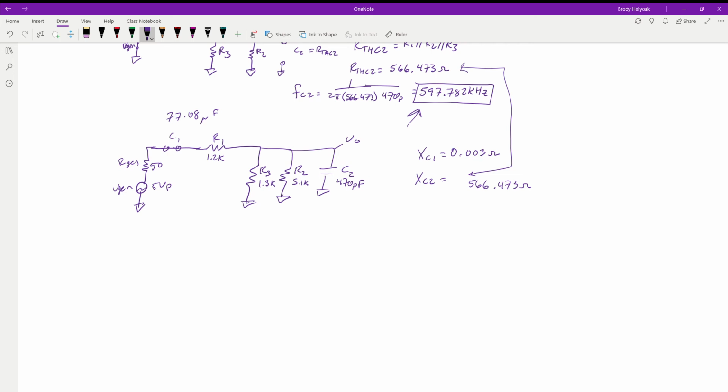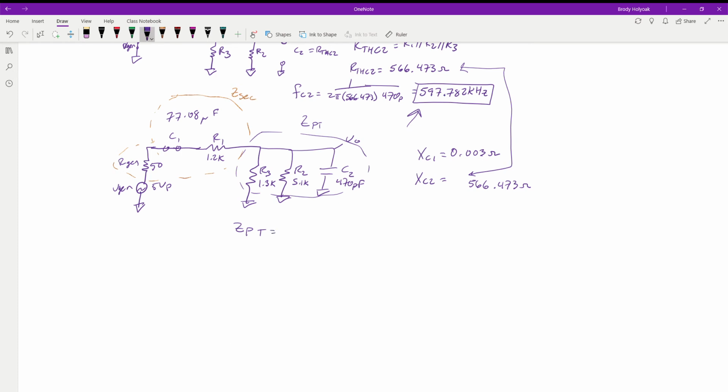So now we have that. We're going to find our Z parallel total. So again, this group right here is our Z parallel total. This group right here in yellow is our Z series.